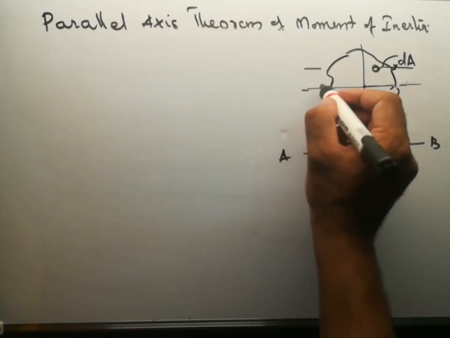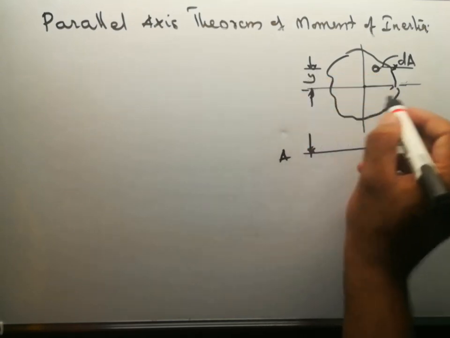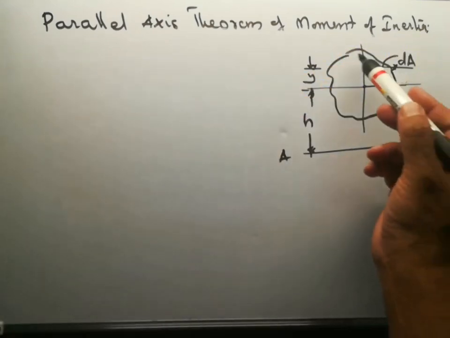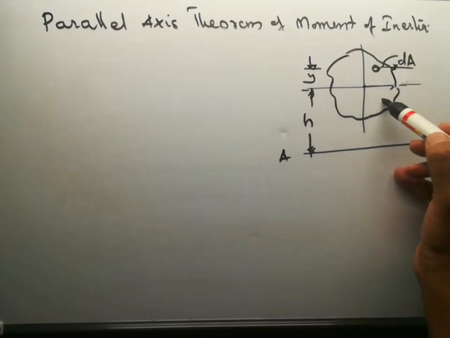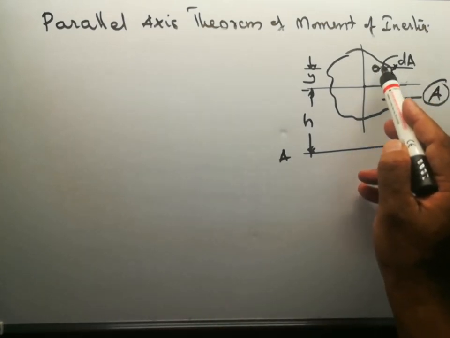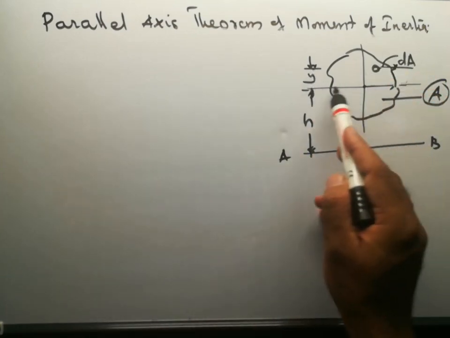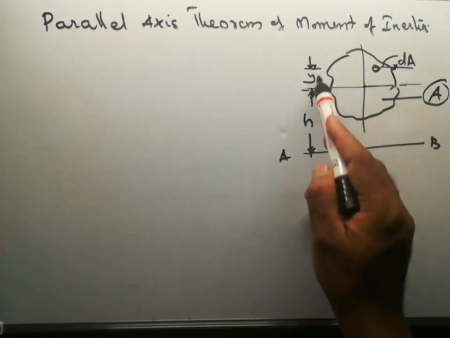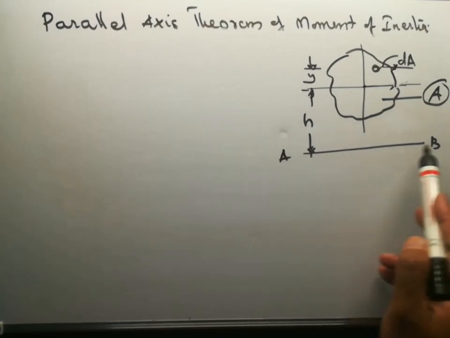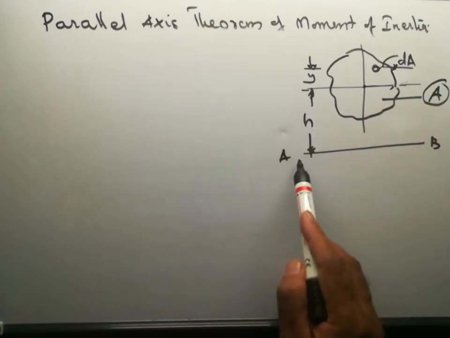Let this be y and this is h. So we consider a plane area, its total area is A, and we consider a small elemental area whose area is dA, at a distance of y from its centroid in the vertical direction, and we consider AB a parallel axis which is parallel to the horizontal centroidal axis of the plane, which is at a distance of h.